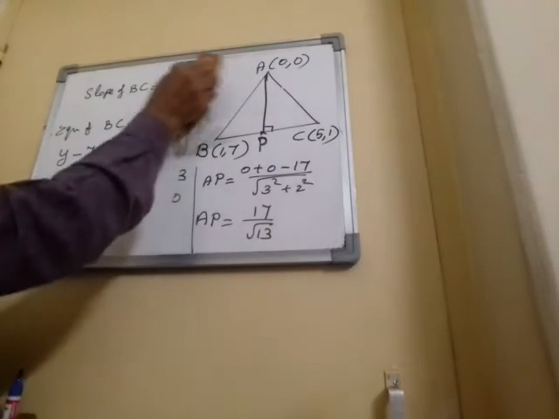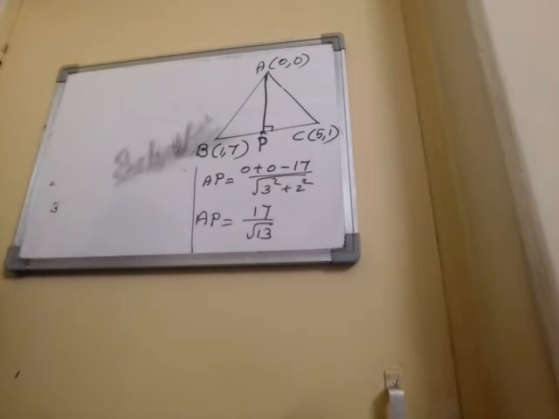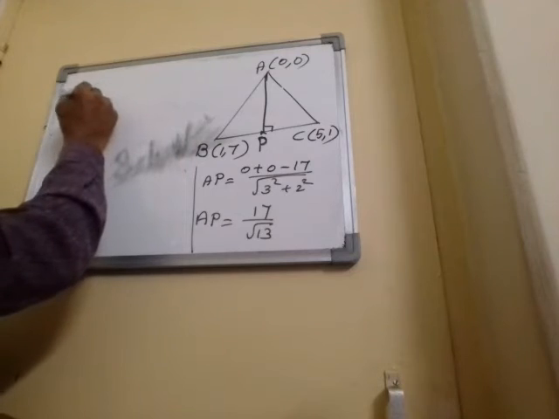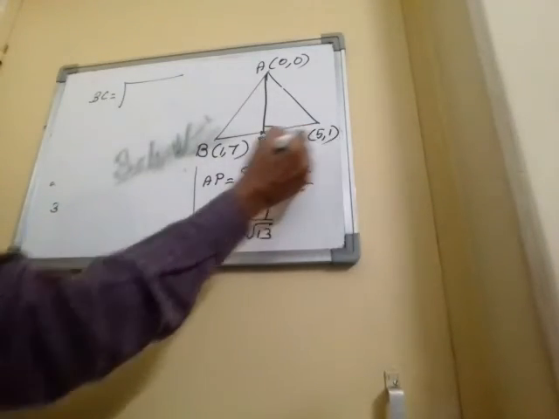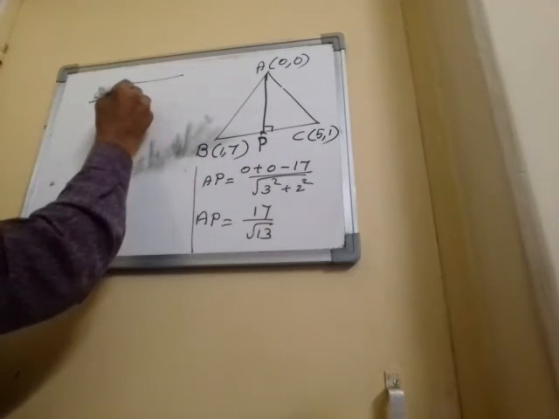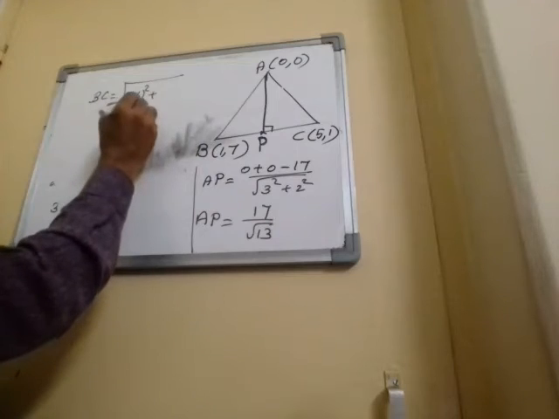So first we have to calculate length of BC. So length of BC equal to root of (y2 minus y1) whole square plus (x2 minus x1) whole square.